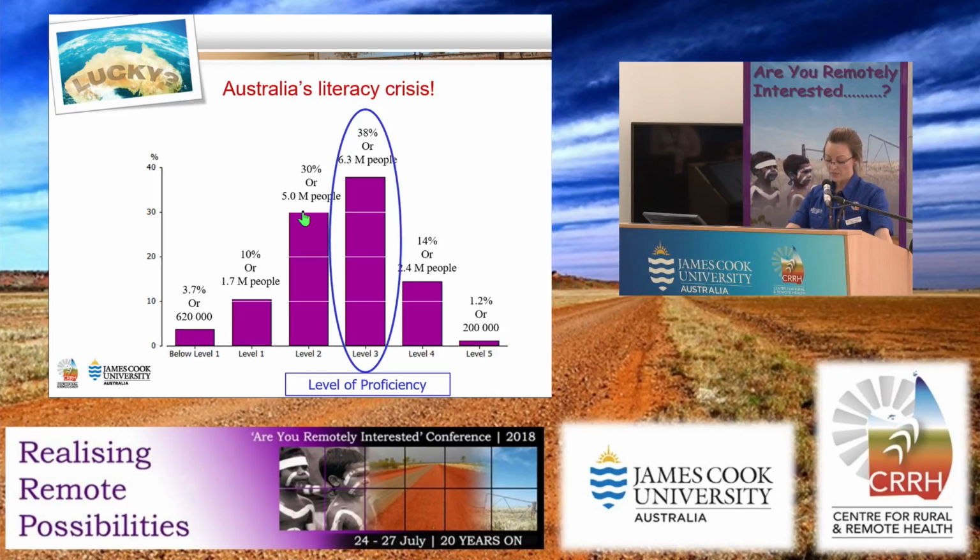Level 3 is deemed as the national standard, termed the level of proficiency, the one circled. This is considered the minimum for coping with the demands of everyday life and work in our complex and advanced society. It denotes roughly the skill required for successful completion of secondary and tertiary education, and 43.7% of Australians haven't reached that level.